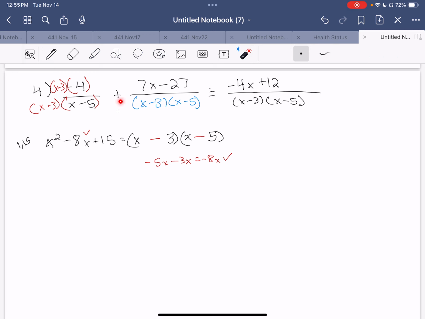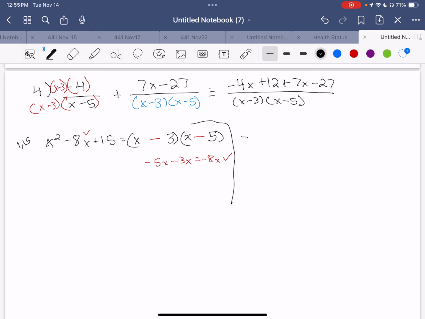Then we had a plus, so we're keeping the same sign here. So we would have 7x minus 27. Okay, we got our common denominator, combined our numerators, and now we could simplify.